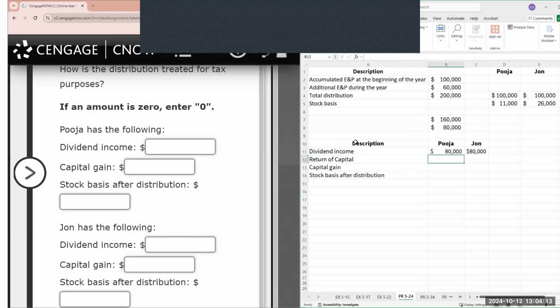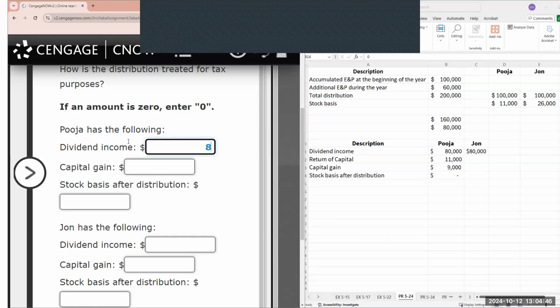In this case, for Pooja, his stock basis is 11,000. But again, there's an extra $20,000. 80,000 was treated as dividend income and 100,000 was distributed. So of the extra amount, 11,000 is treated as return of capital, reducing the basis to 0, and the excess of 9,000 is treated as a capital gain.